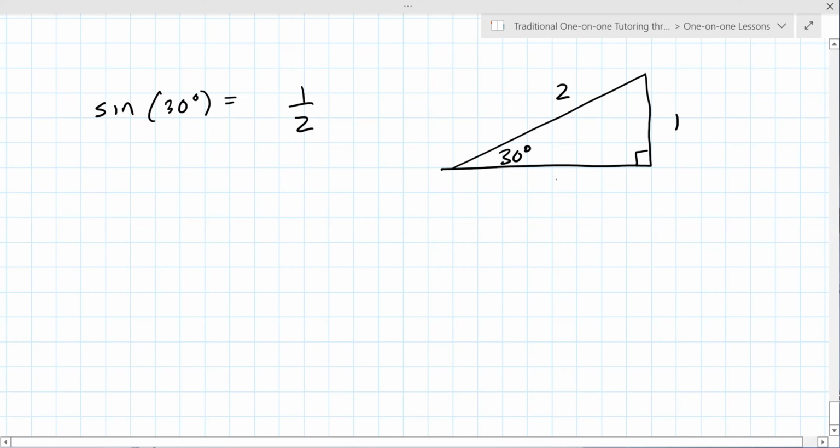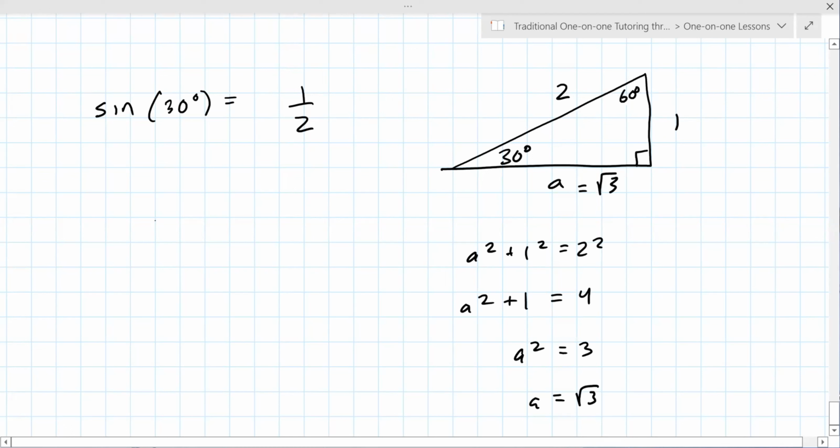We'll call this A for the moment: A squared plus 1 squared equals 2 squared. A squared plus 1 equals 4. A squared equals 3. A equals the square root of 3. All right, so just hang on with me here. What is the cosine of 60 degrees?